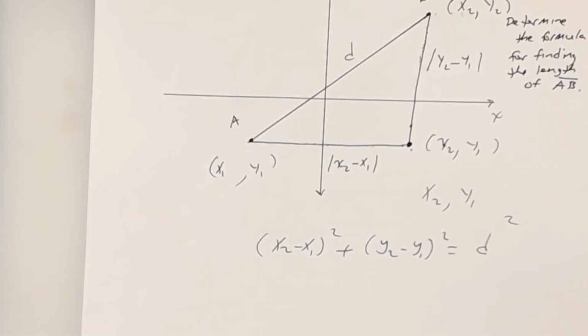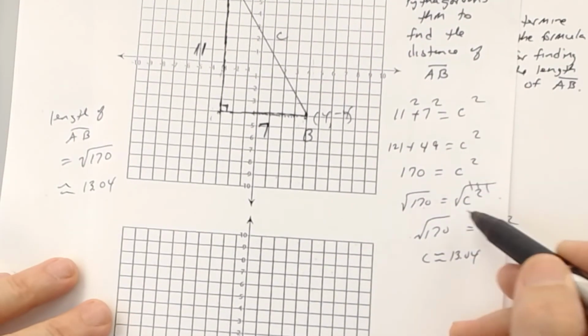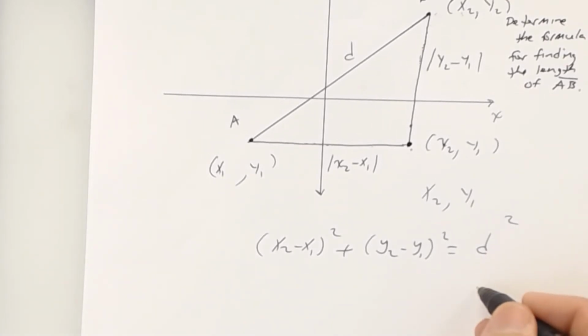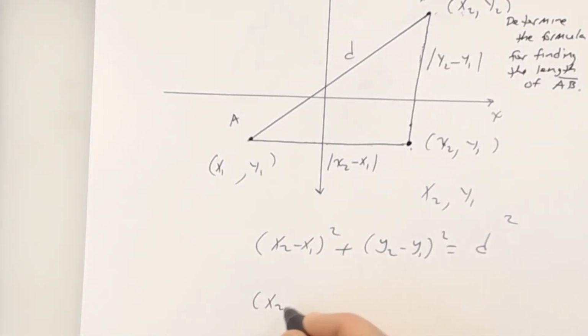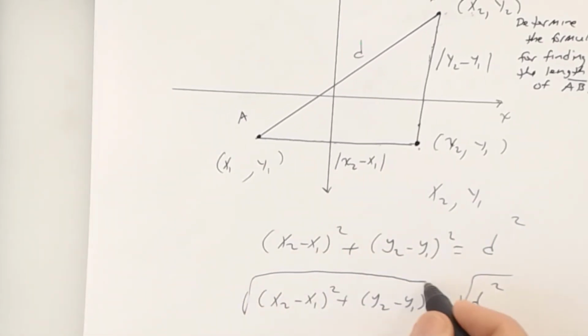And then, just like we did a while ago, how did I get c by itself? Square root. So to get D by itself, I'm going to take the square root. So I'm going to go ahead and rewrite this over, and then take the square root. Do I do that plus or minus?